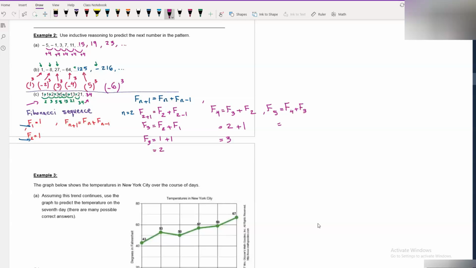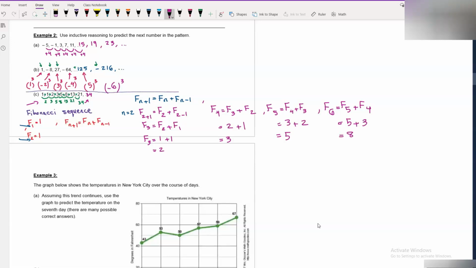Now here in this part, F4 is 3, F3 is 2. This is when you don't have any number and it was asking to find all the numbers. So you don't need to write this way. F6, the sixth number that we have here, it's given as 8. You already know the answer? So this is 5 plus 3.